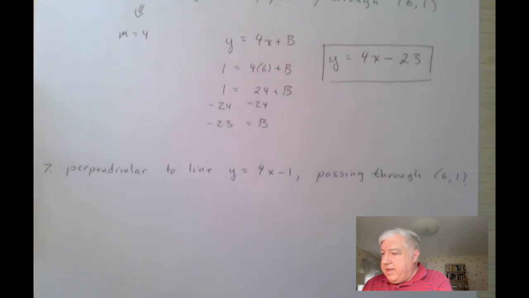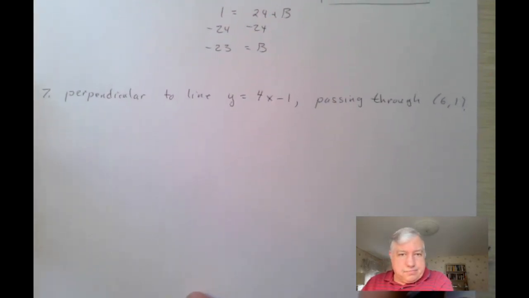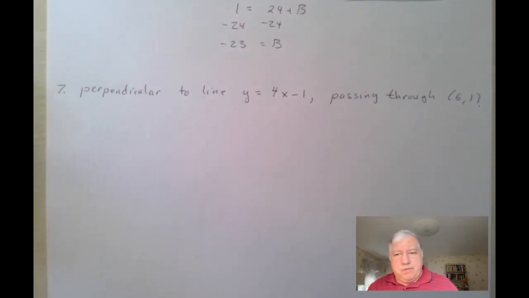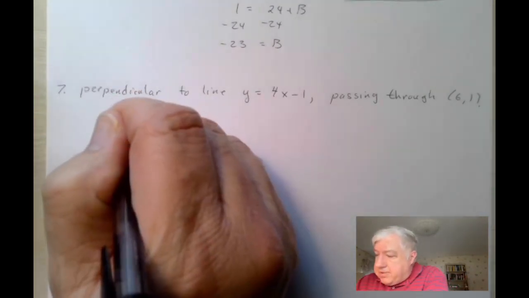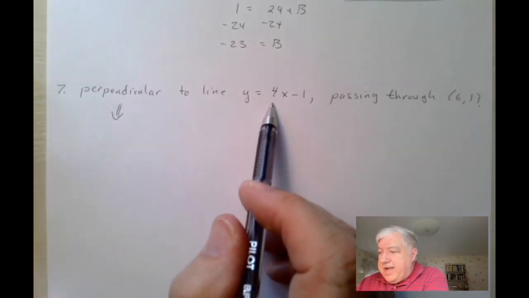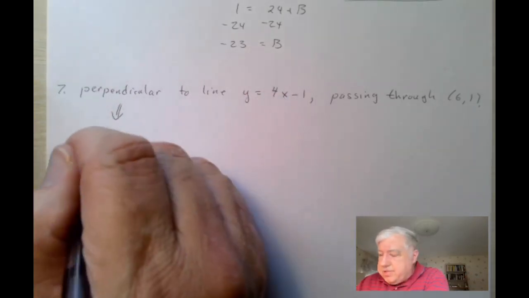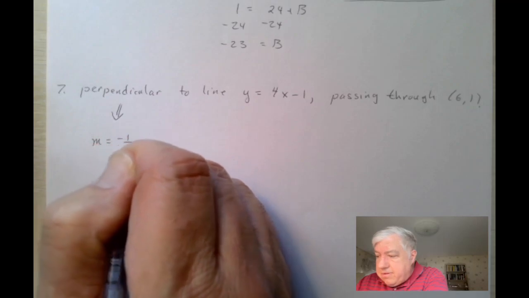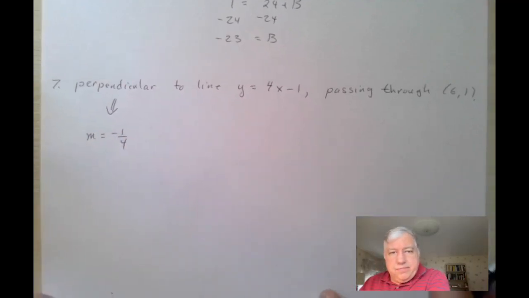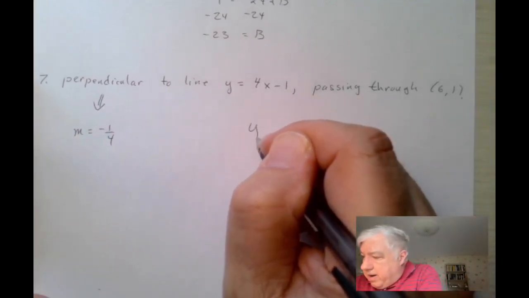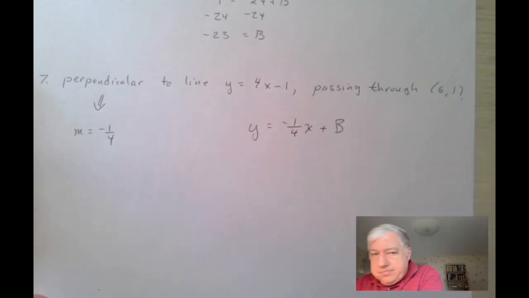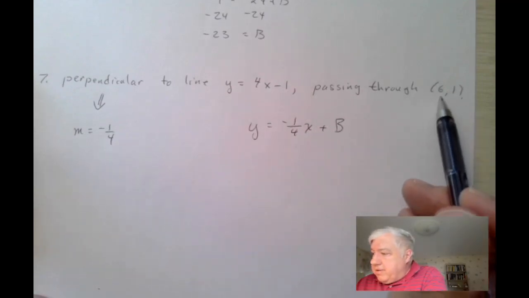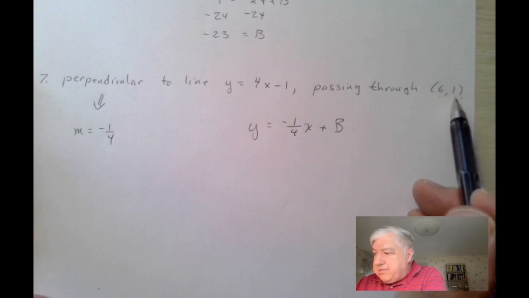And then finally, perpendicular lines. If two lines are perpendicular, their slopes are negative reciprocals of each other. So because it's perpendicular, that means our slope is the negative reciprocal of 4, which is -1/4. Okay. So we would write y equals -1/4 x plus b. All right. In this case, we again plug in x equals 6 and y equals 1.